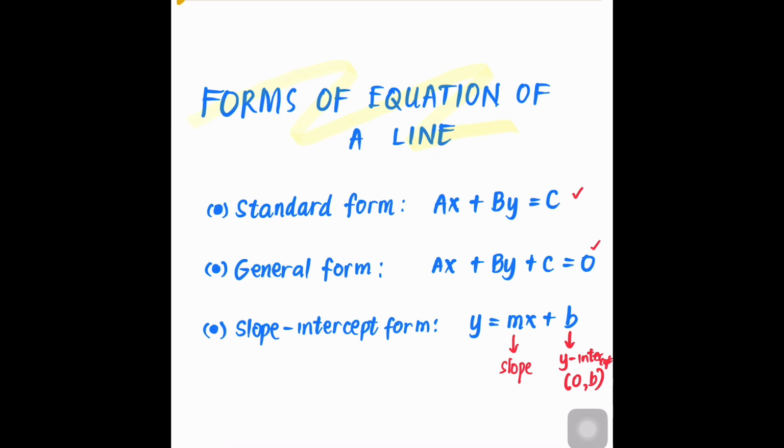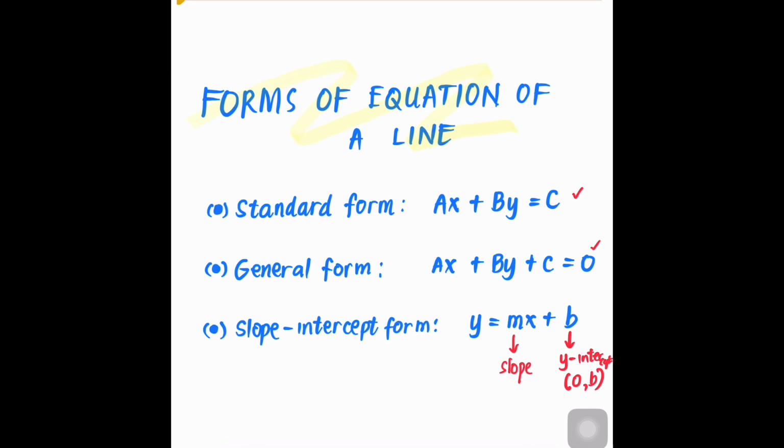If you want to write the equation of a line in standard form or general form, there must not be any fractions in there. So it means that a, b, and c must not be rational numbers, cannot be fractions. But for slope-intercept form, we can accept fractions in here, especially for slope m.